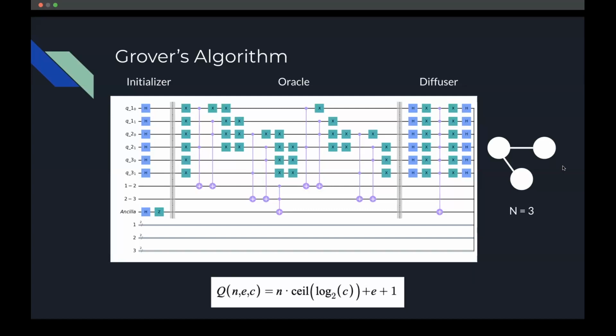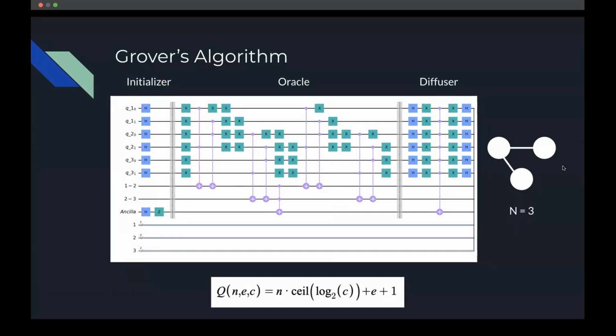In this step, it computes the value of each edge for each value in the superposition for the nodes. Next is the combination step, where it combines the values of all of the edges to flip the value of the ancillary bit. Finally, it decomputes all the edges to disentangle them from the values of the nodes, allowing those qubits to be reused for further repetitions of Grover's algorithm.